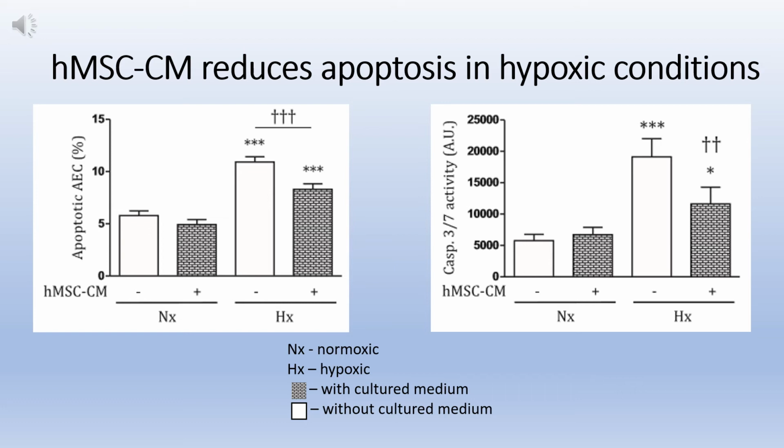The researchers concluded that the level of caspase 3 was significantly lower in hypoxic alveolar epithelial cells when the cultured medium was present rather than when it was absent. Again, this shows a protective feature of the human mesenchymal stem cell cultured medium, that it decreases the amount of cells undergoing apoptosis during hypoxic stress.